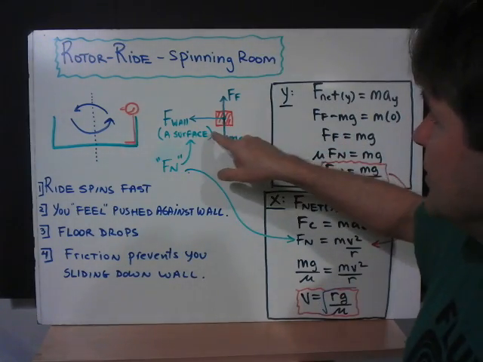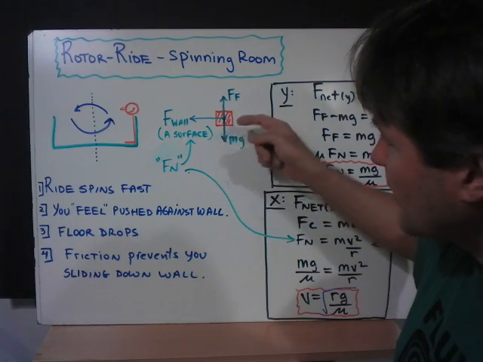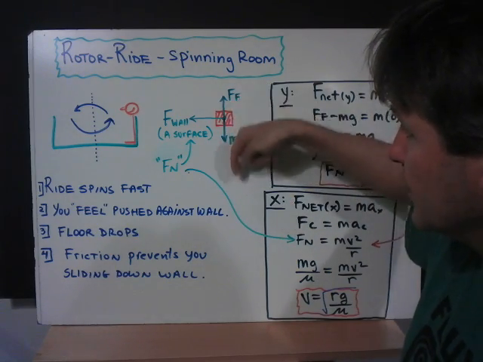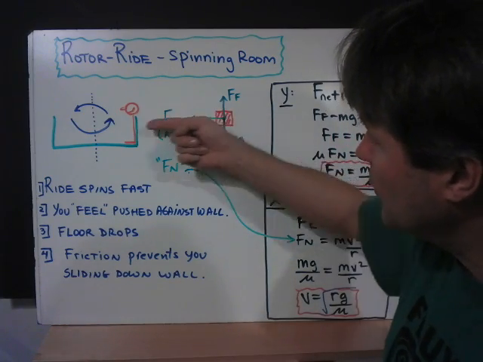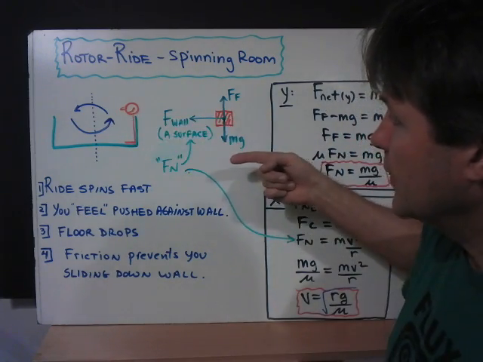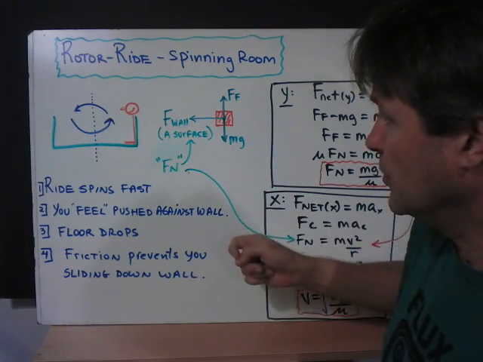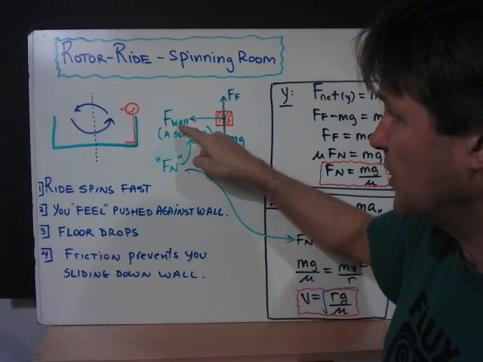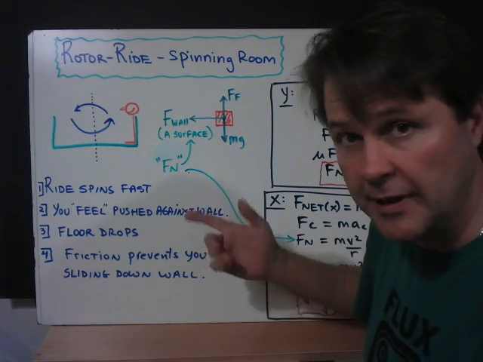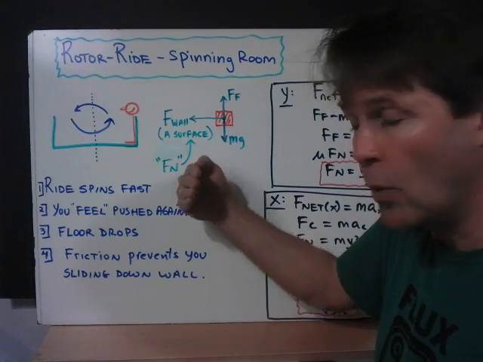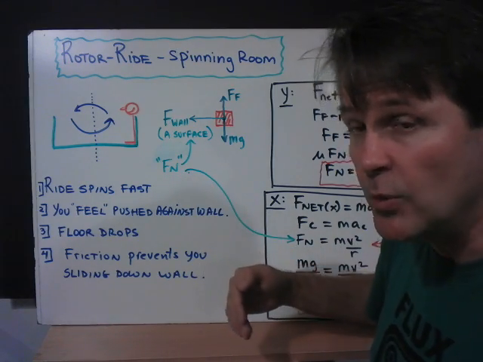So if we analyze the free body diagram, there are three forces. Your weight, of course, being pulled downward. We have the force of the wall going towards the center of the circle. Now that's a surface, so instead of calling it F wall, we're going to call that a normal force, because that's what it is. It's the force of the wall surface pushing inward.